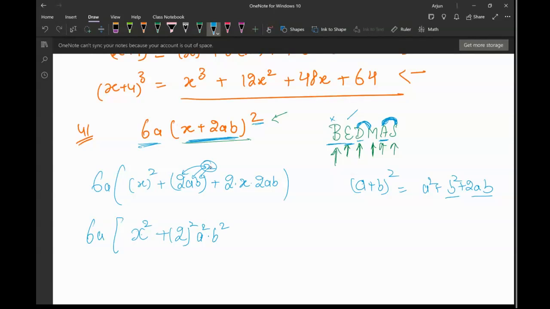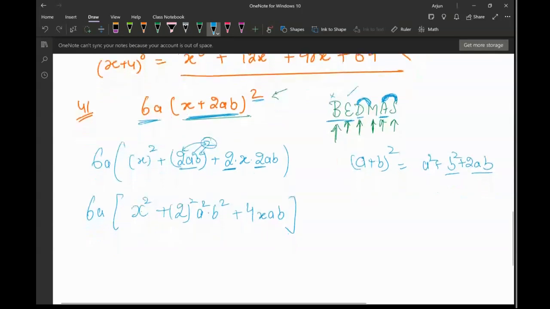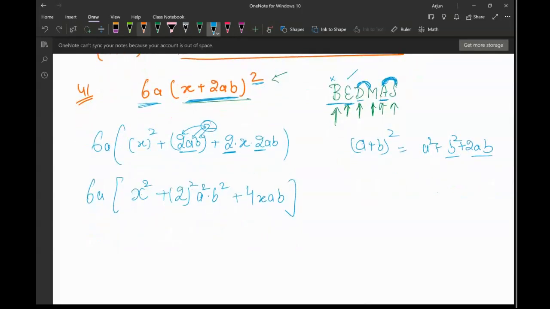Again, this 2 will be distributed to all the three terms, plus 2 times 2, constant multiplied with constant, this is 4, and xab, and that will be the solution of the bracket terms. Now again, before I completely open, I will compile this: x square plus 4 a square b square plus 4xab. That's how I'm going to write it.